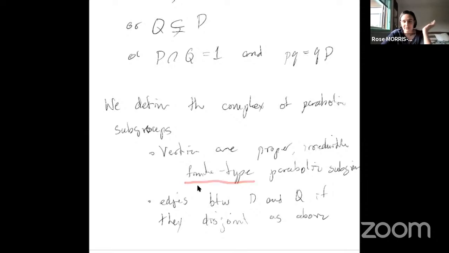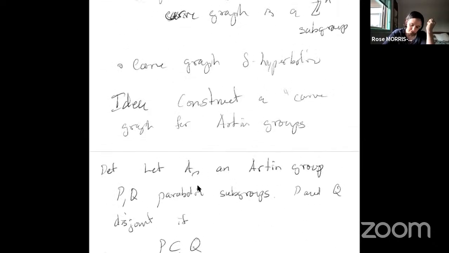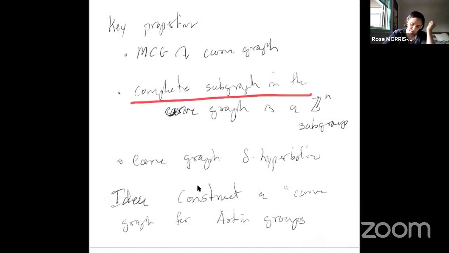And then finite type, there's actually some debate about whether you should include this or not. Finite type means that they are isomorphic to a finite type Artin group. And obviously, if my whole group is finite type, then this doesn't matter. I personally think that this should be included because this is part of what's helping me have this property where a complete subgraph gives me a Z^n subgroup, because each of my finite type subgroups has a non-trivial center, right?